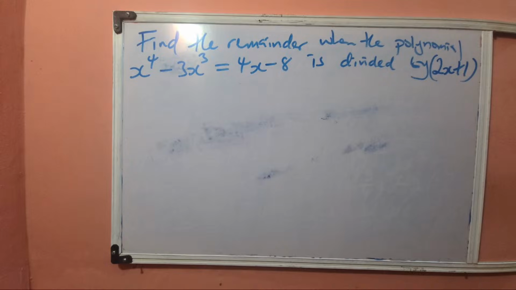Now, look at this. Find the remainder when the polynomial that we have right there is divided by this.